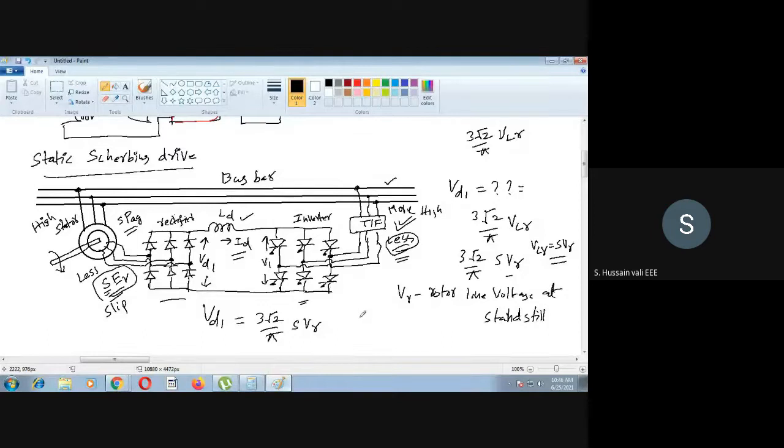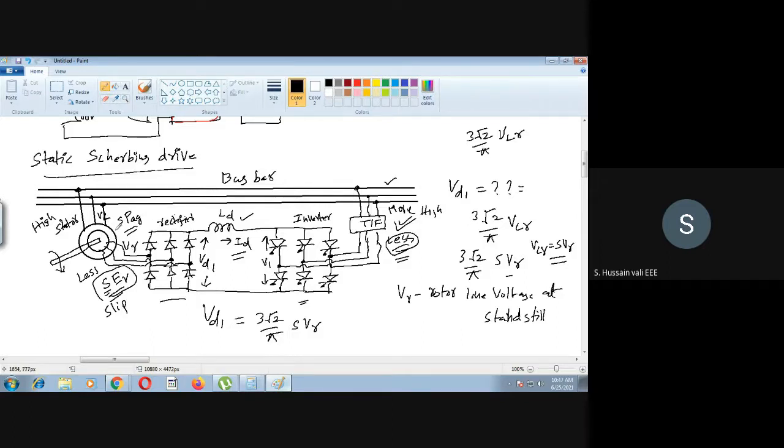See here, at standstill the voltage is VR. I will take VL as the line voltage of the stator, whereas VR is the line voltage of the rotor at standstill.